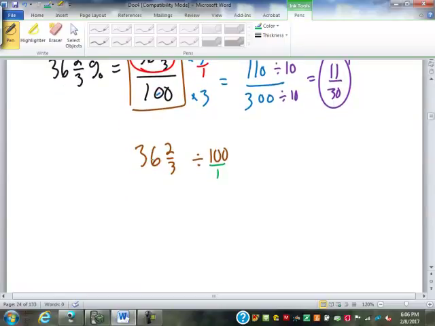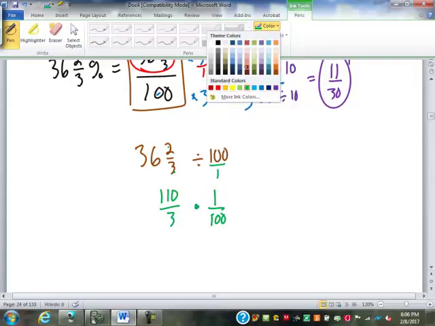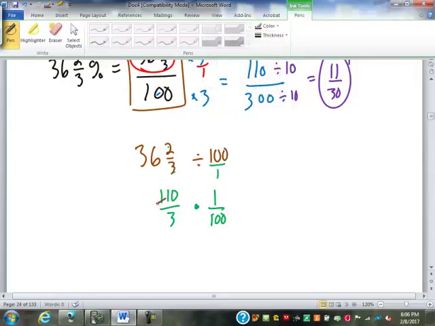And now 36 and 2/3, 36 times 3 is 108, plus 2 is 110 thirds again. Instead of dividing by 100 over 1, we're going to multiply by the reciprocal, 1 over 100. And then we can cross cancel. 110 and 100 can both be divided by 10 to give us 11. 100 divided by 10 is 10.